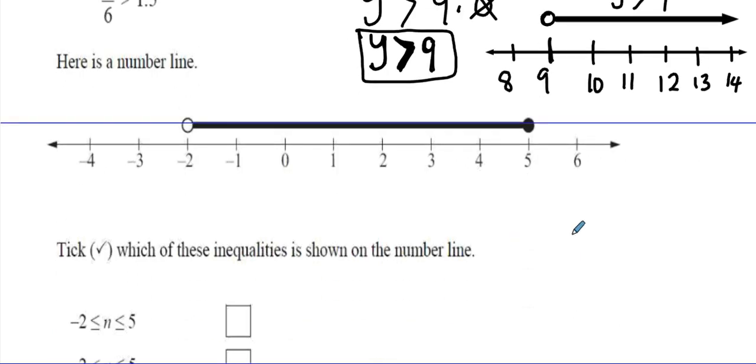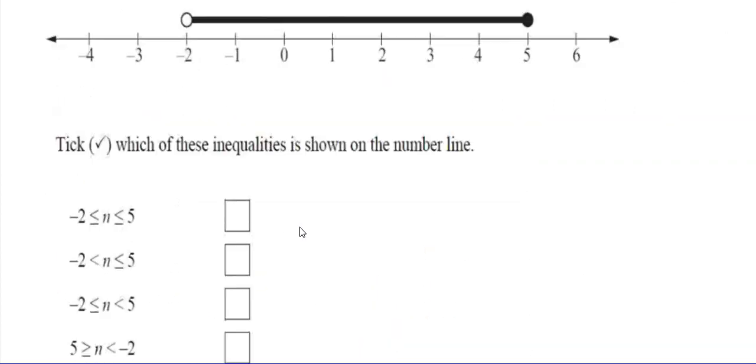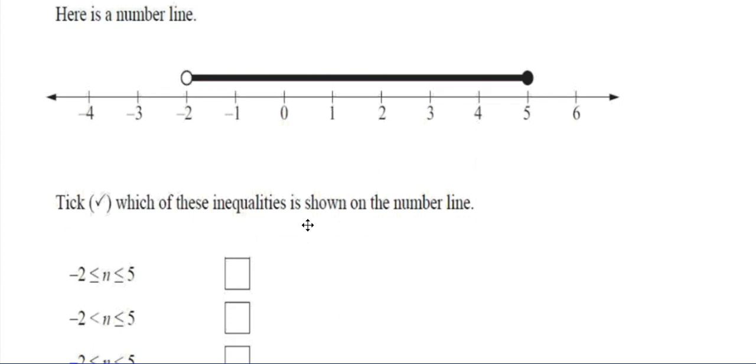We have the next question here. Here is a number line. The question is, tick which of these inequalities is shown on the number line. All right, so let us see. Now this number line you see here represents all the numbers which are between -2 and 5. So let those numbers be represented by letter n, for example.